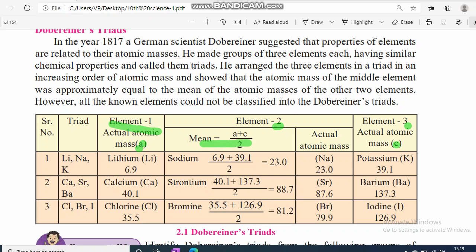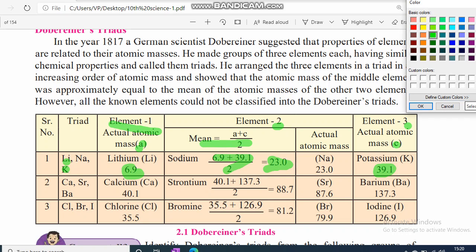This is the mean. So we have taken lithium and potassium. Lithium's atomic mass is 6.9 and potassium's atomic mass is 39.1. When we add both masses and take the average, we get 23, which corresponds to the mass of sodium.